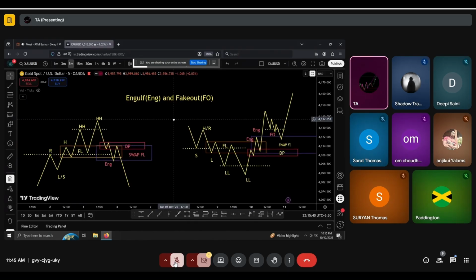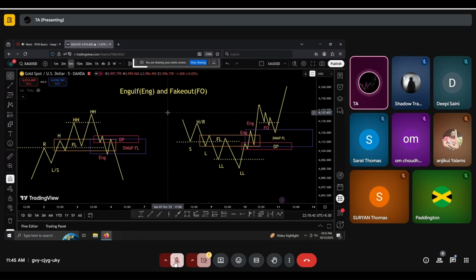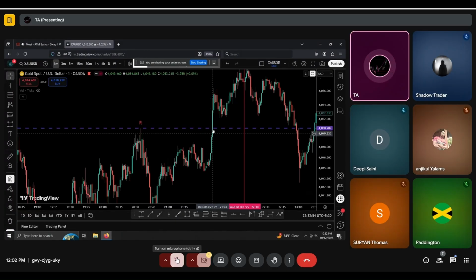On the first day we looked at the minor FTR and major FTR. Price goes up, did not come back to this horizontal line.